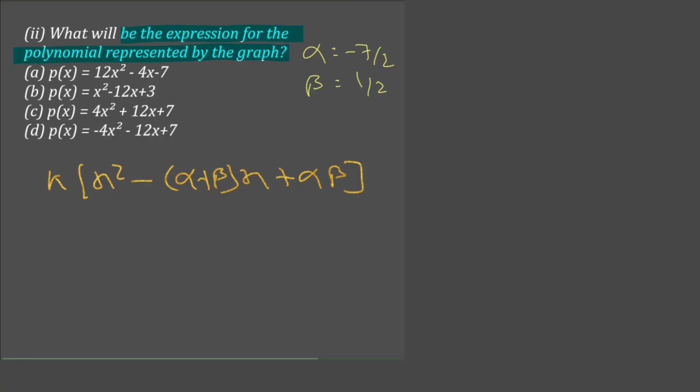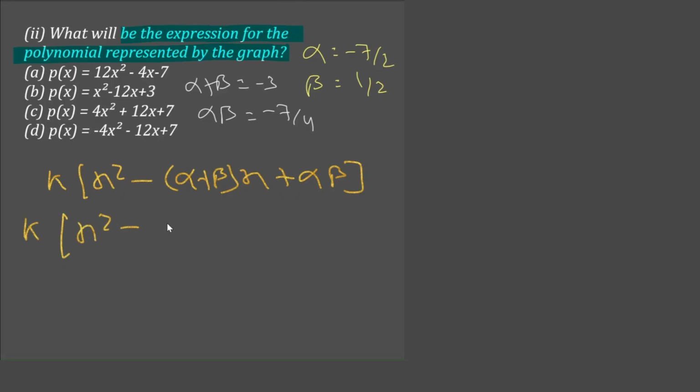So what will be the sum of the zeros? Sum of the zeros will be alpha plus beta. Adding these two gives minus 6 over 2, which is minus 3, and the product of the zeros is minus 7 over 4. Once we have the sum and the product, we simply plug in these values.